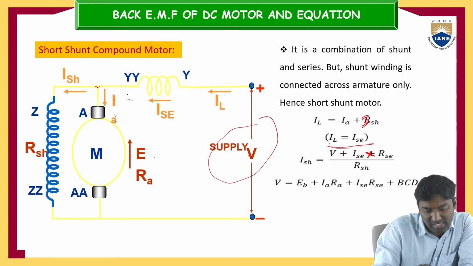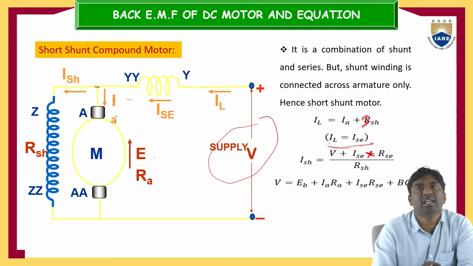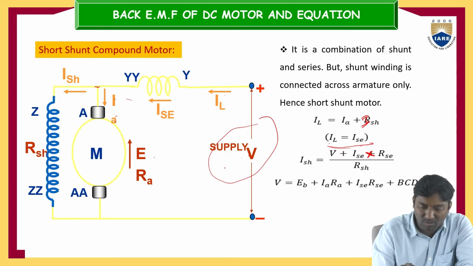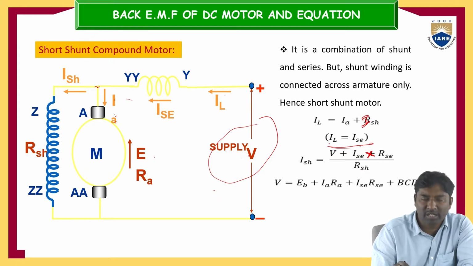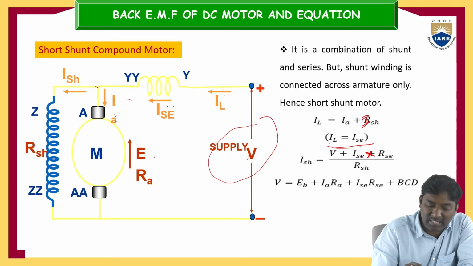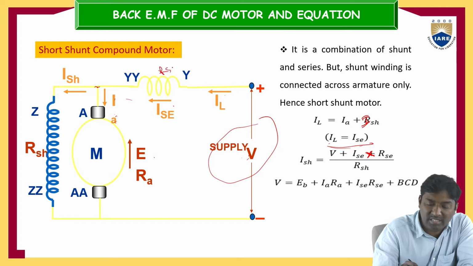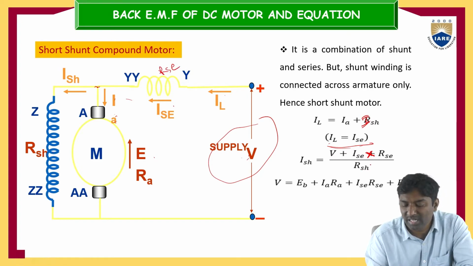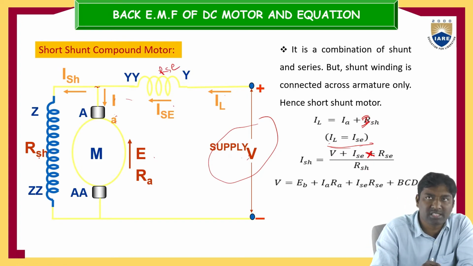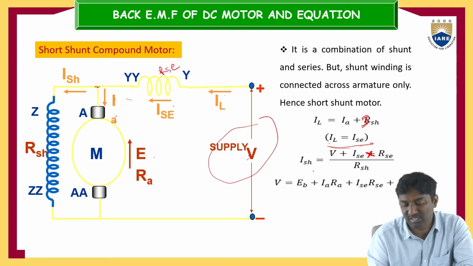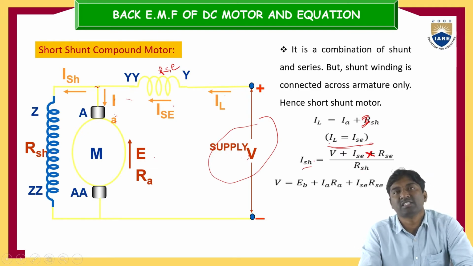Because the voltage across this shunt field winding is the same as the voltage across this whole combination. So the voltage of this whole combination in terms of V is V plus ISC into RSC, where RSC is the series field winding resistance, divided by RSH, the shunt field winding resistance. Then I am getting ISH, the shunt field winding current.